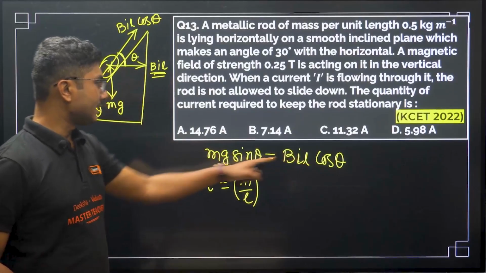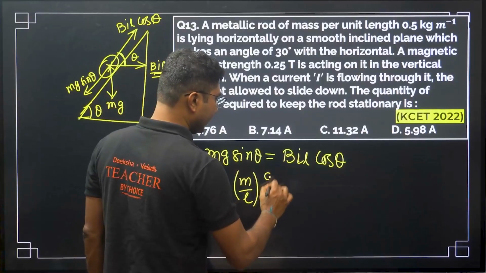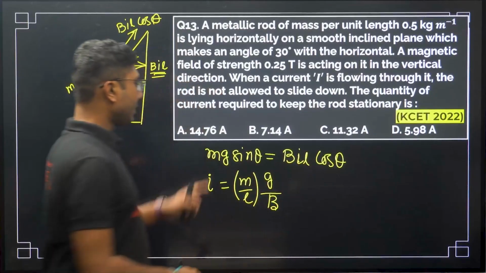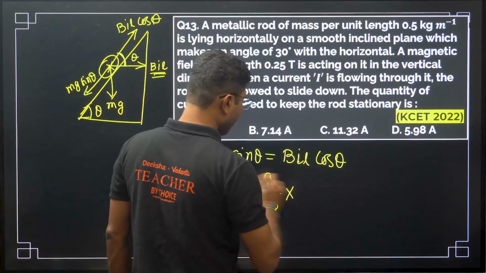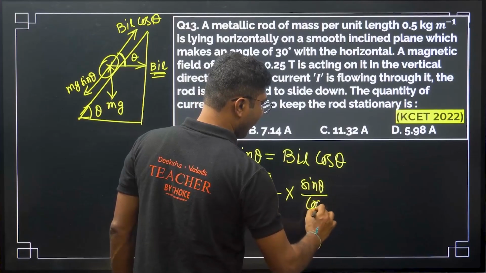L comes to the division, and m by L I am writing here, into g by B, into sin theta by cos theta.